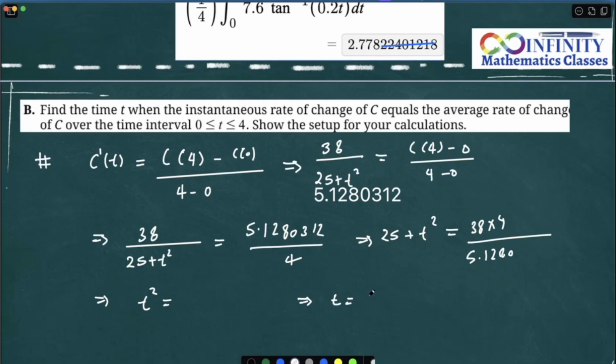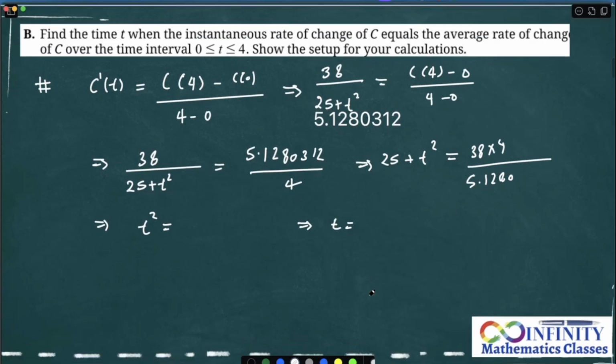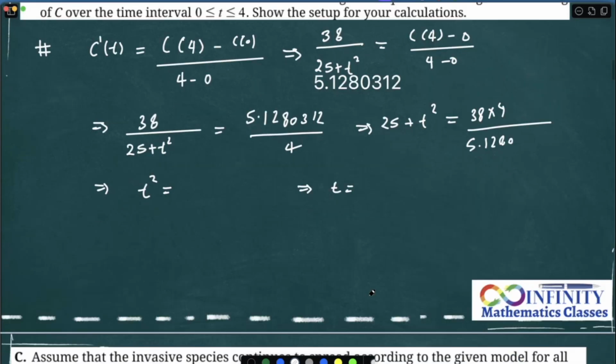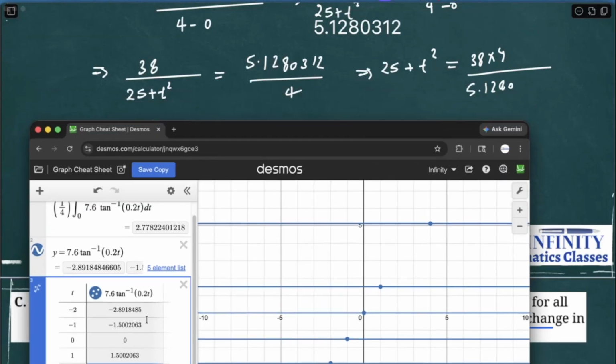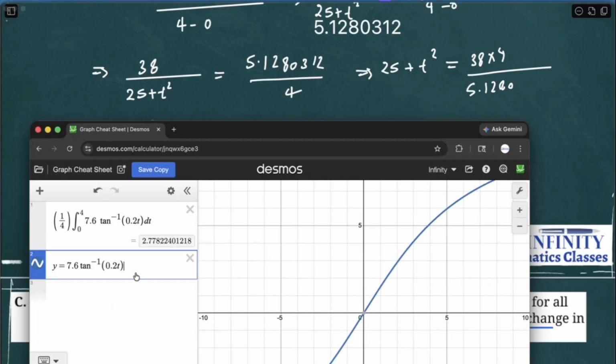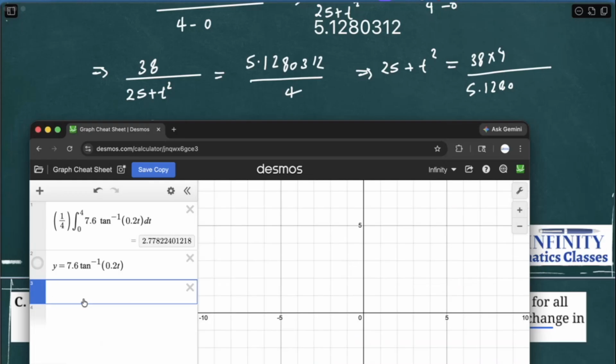t is representing the time, so if there is a negative value, we will be ignoring that negative value, right? So let us just use Desmos again to fill in the values there. After all these values, let me just erase this. I have the value 38 multiplied by 4 divided by 5.1280, minus 25.